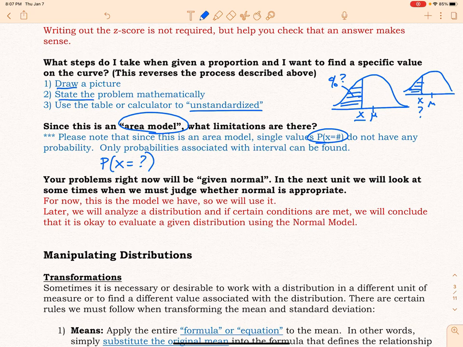Since this is an area model, one value does not take up area under the curve. If I'm just looking at this one value right here, that doesn't take up area under the curve. So I can't find the area of just one value. That indicates that we can't find the probability associated with that one value. We can only find probabilities associated with an interval when we're using a normal distribution.